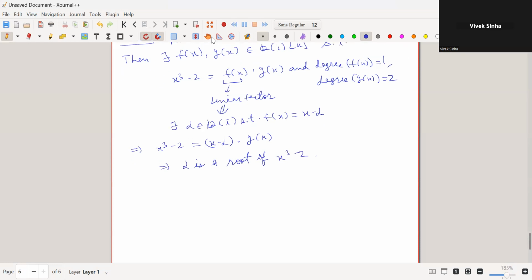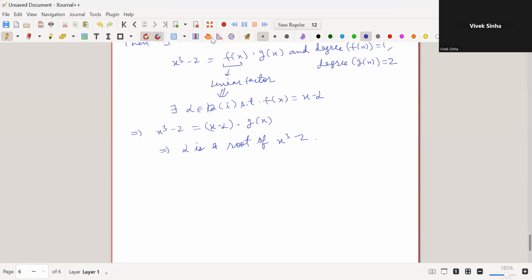Okay? And alpha is also lying inside Q(i). Now consider the following tower of fields.